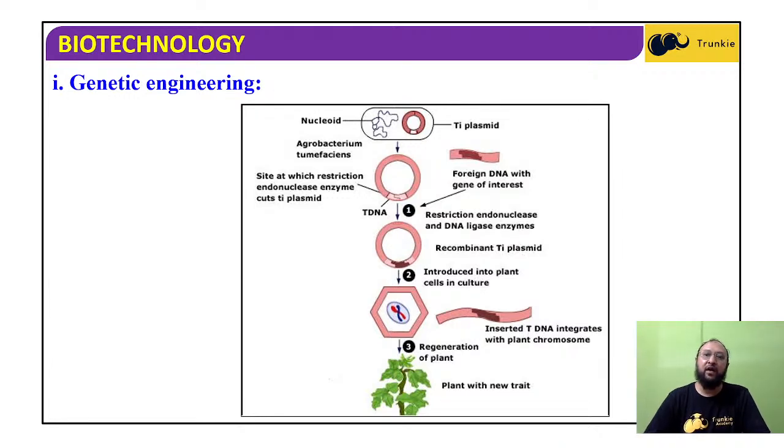Now the foreign DNA, the gene of interest, is inserted, and DNA ligase then joins it. A recombinant Ti plasmid is formed and introduced into plant cells in culture to get the desirable phenotype; a plant with a new trait is obtained. This is an example of what is done in genetic engineering.